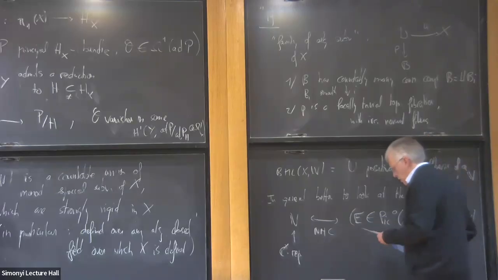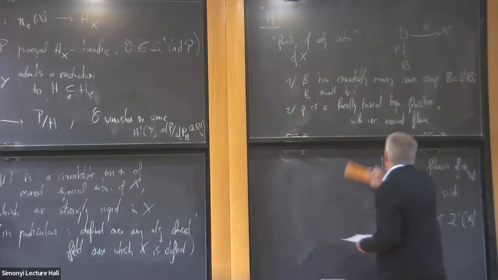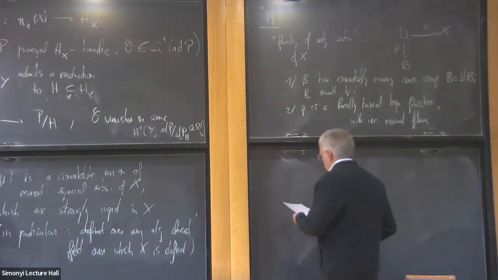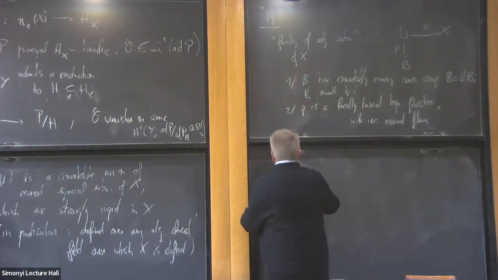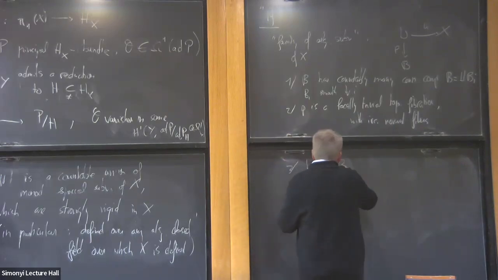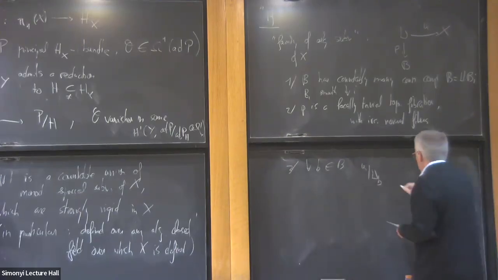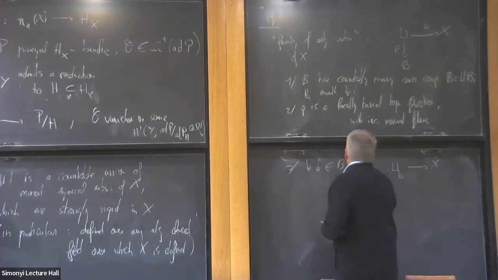And third, what I want is that the morphism U is essentially an immersion, but not really. Technically speaking, what you need is that if you look at the restriction to a fiber U_b of your family, this map is a normal cycle.